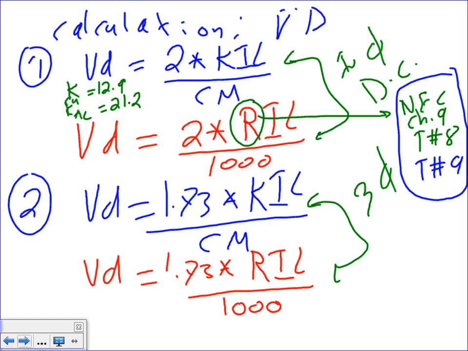If I'm doing my calculation in a real project, I always use this one. Why? Because I always have my NEC code book right in front of me, and I always can find R. Always. You should come up with the same number for the most part. But R is part of the code, guys, and the code is adopted, the code is approved. So if I use R, I'm covered regardless of the value of K for this particular application.